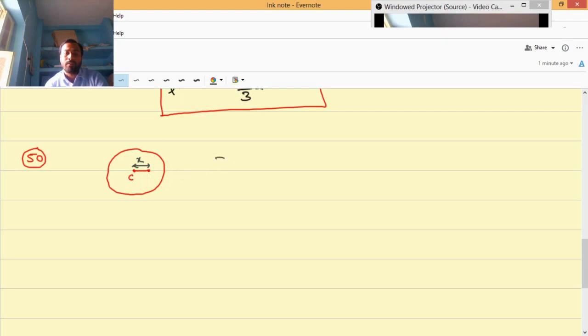To evaluate the moment of inertia, first we evaluate the moment of inertia about the center of mass. For the disk, the moment of inertia about the center of mass will be mr square by 2, if the radius of the disk is r.